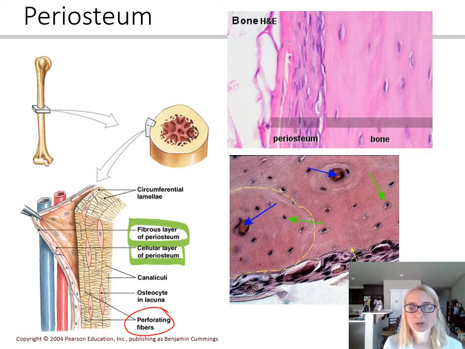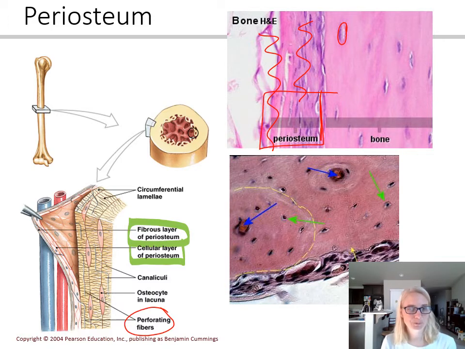So here I have some micrographs showing the periosteum. We have the fibrous layer here, the cellular layer here, and then here's bone. It's a different perspective, a longitudinal cut. These are all the lacunae with the little osteocytes inside.